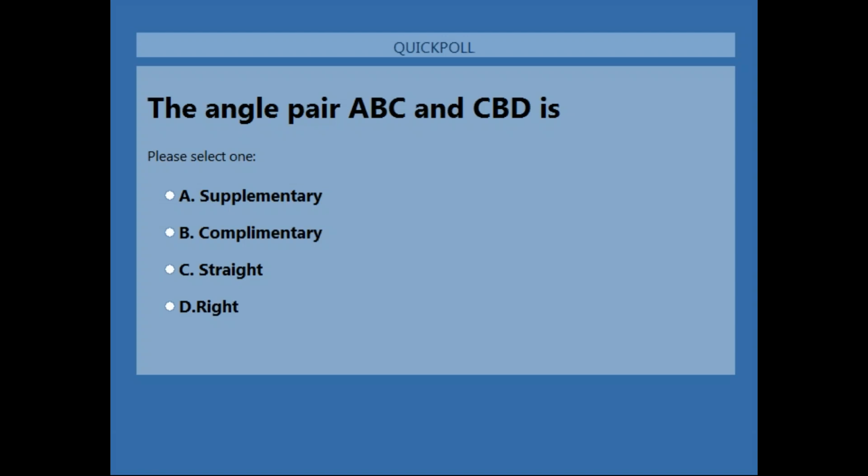Okay, I'm waiting for everyone to have a chance to answer. Remember, you need to relate both angles. We're not asking about the measure of each angle. So the measure of each angle is not what we're asking in the question. We're asking about the pair. The relationship between the two angles in that pair is what?